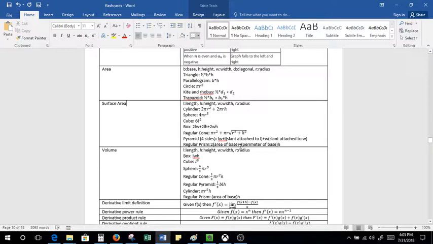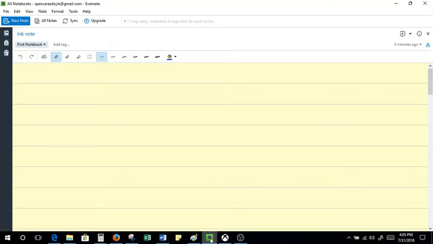And then this pyramid formula also has a similar type of setup as far as finding the slant. I didn't write that all out because it looks extremely confusing, and my hope is that if you understand what's going on with this cone, this will start to make sense. Actually, I'll jump over here and we can see what I'm talking about.